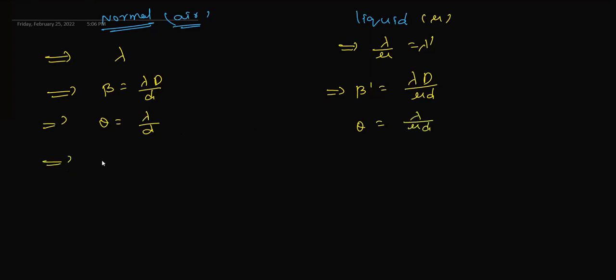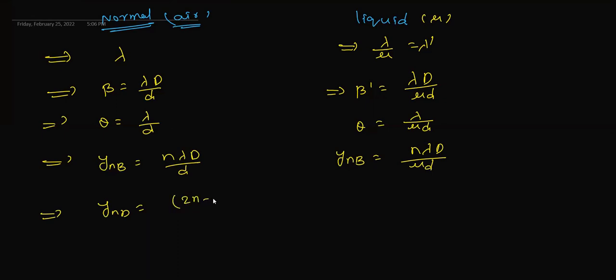For the y nth bright fringe, n lambda D by d, in this case the wavelength decreases by mu times, so y n equals n lambda D by mu d. For the nth dark fringe, we write 2n minus 1 lambda D by 2d, so y nth dark fringe equals 2n minus 1 lambda D by 2 mu d.